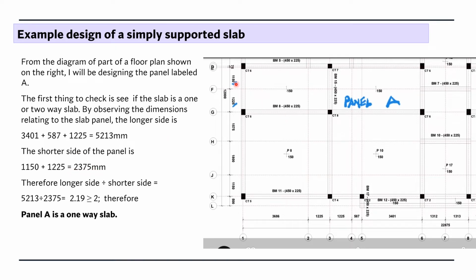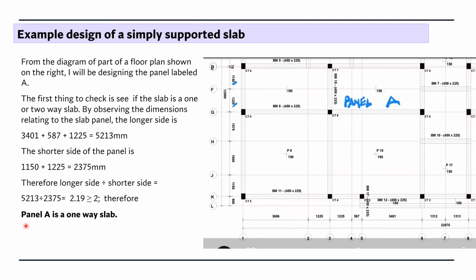So, to calculate the shorter side, looking at the dimensions given here and here. Therefore, longer side divided by shorter side is equal to 5213 divided by 2375, which is 2.19, which is greater than or equal to 2.